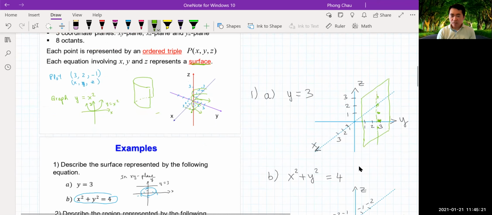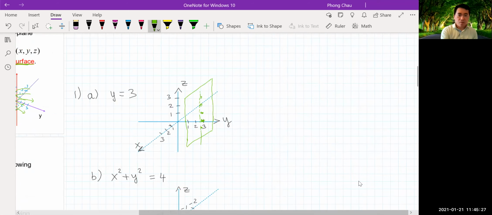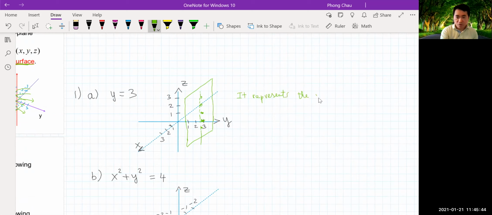I'm going to write a few words, because we need to describe this surface. So the surface here represents the vertical surface.